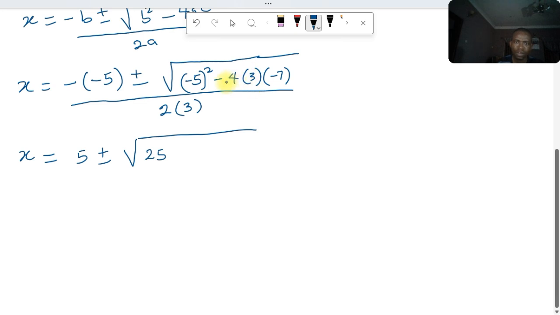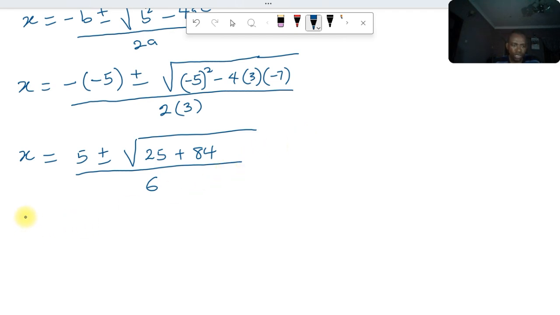Then you have minus 4 multiplying 3, and that will be negative 12, and negative 12 times negative 7 should give us 84. So that will be positive 84, everything over 6, because 2 times 3 is 6.